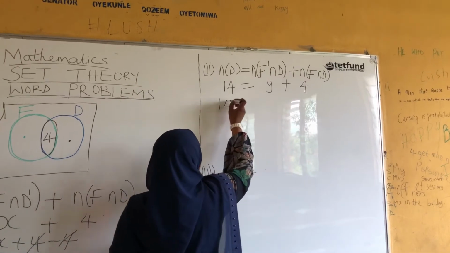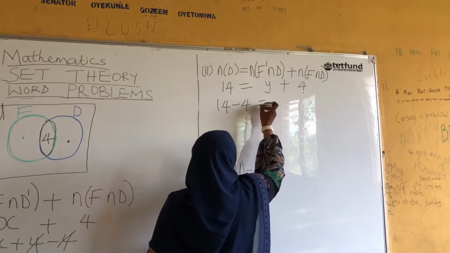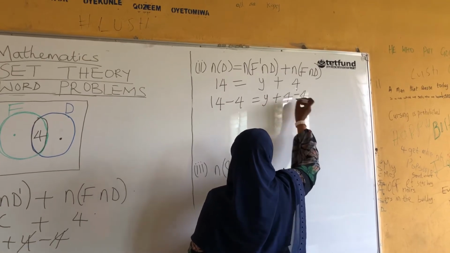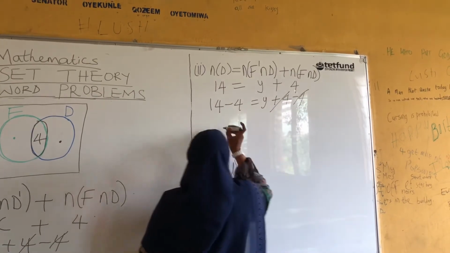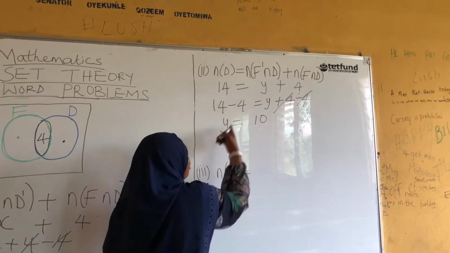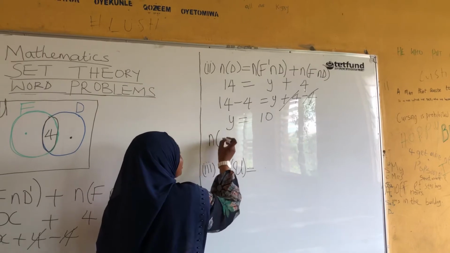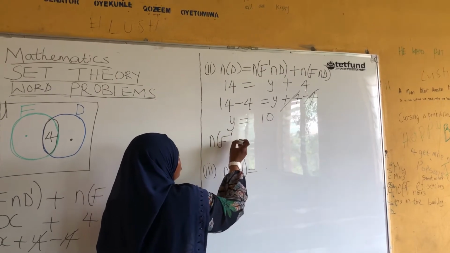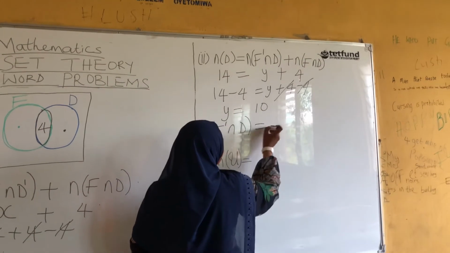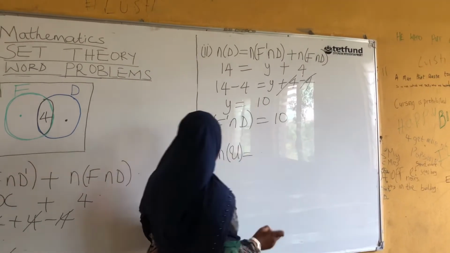So 14 minus 4 is equal to Y plus 4 minus 4. So this one cancels out. So Y is equal to 10. So this Y means those that do not dance to Fuji but only disco will be equal to 10.